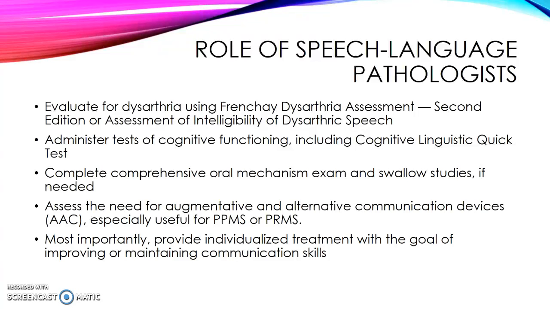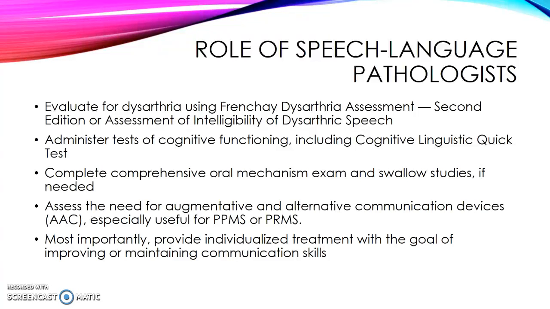You would also administer a test of cognitive functioning to see if there are any deficits in working memory, word retrieval, if there's any indication that there may be dementia that is developing at that time. One possible assessment could be the Cognitive Linguistic Quick Test or the CLQT.